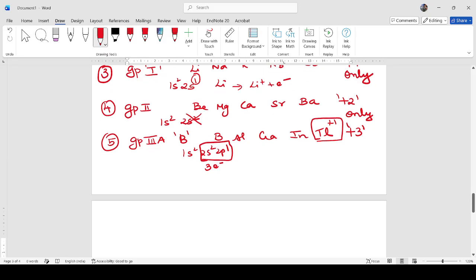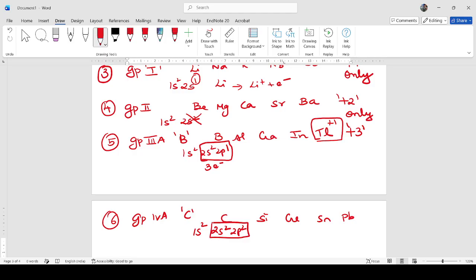The next one is group 4A, the carbon family: carbon, silicon, germanium, tin and lead. The configuration of carbon is 1s2, 2s2, 2p2. The valence shell shows how many electrons? 4 electrons.